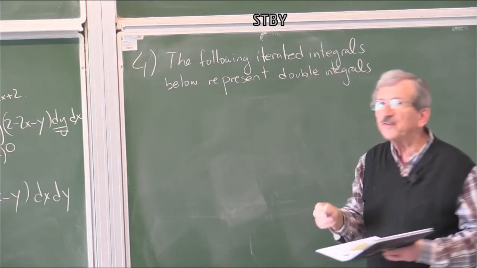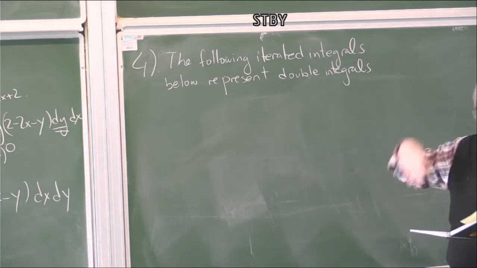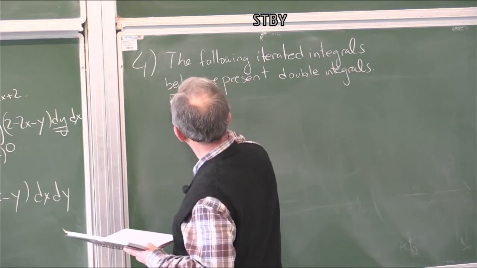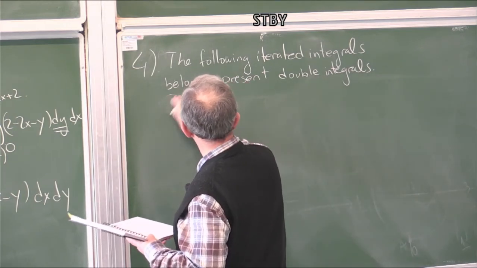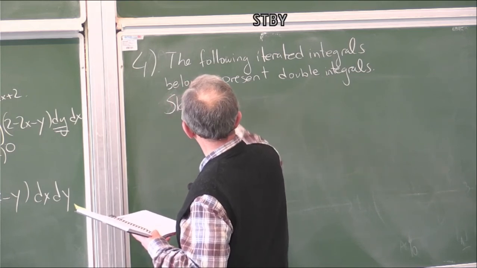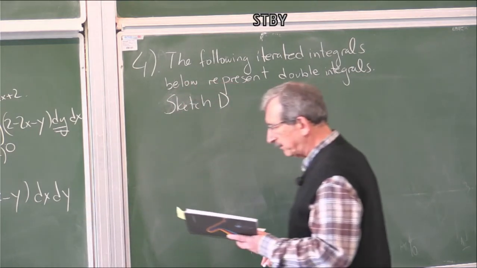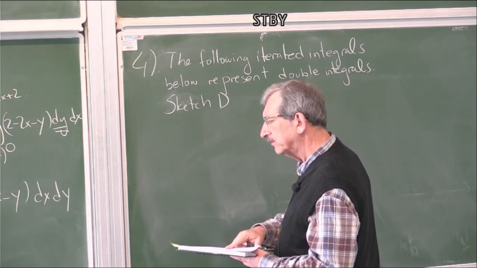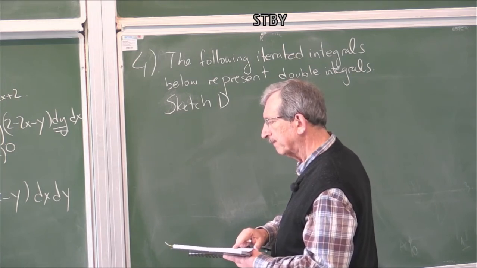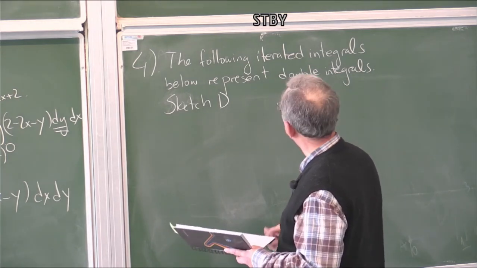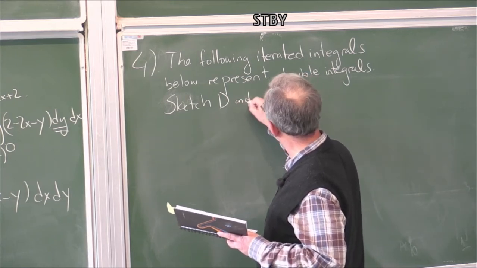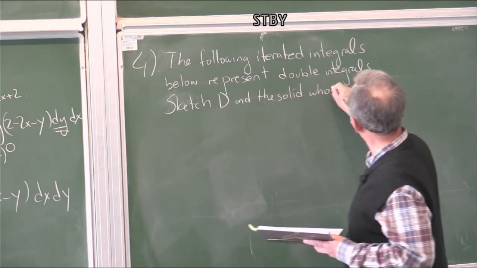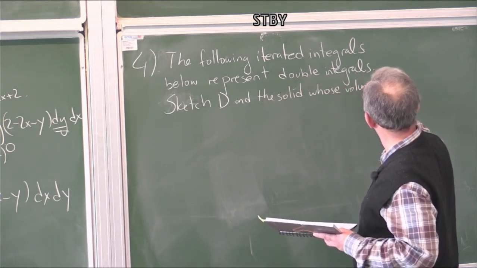Okay. This means there is a D. There's a region, and you evaluate a double integral over D. So find, sketch D and the solid whose volume is found.